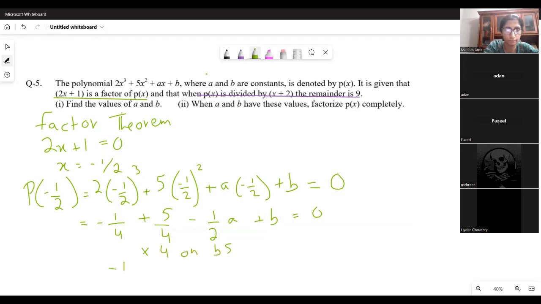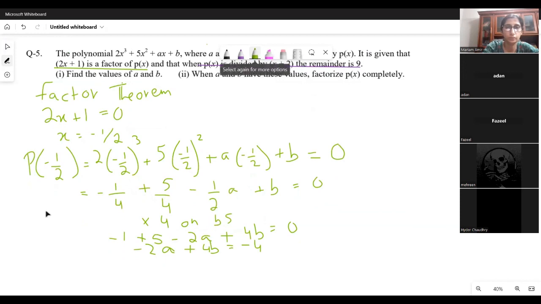So minus 1 plus 5 minus 2a plus 4b equals 0. So we have minus 2a plus 4b equals minus 4. That is minus a plus 2b equals minus 2.